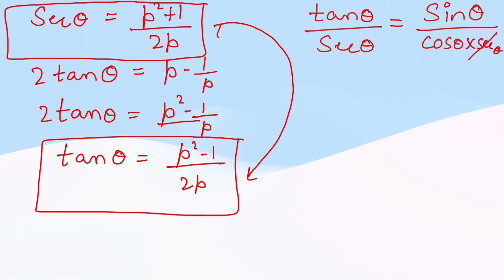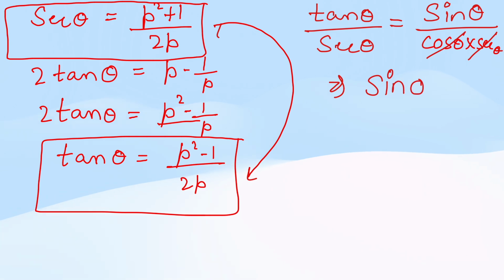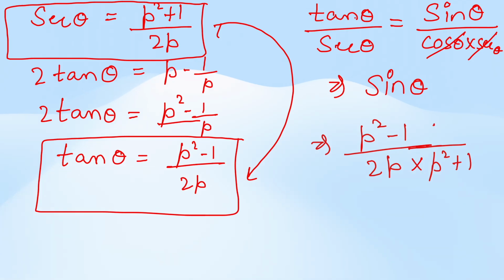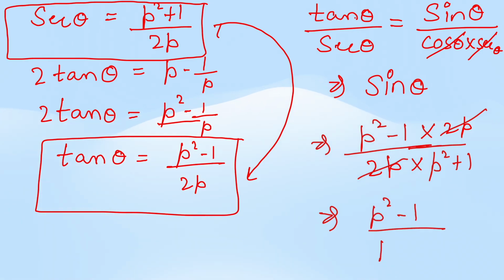Sec and cos cancel out, and I will get sin theta. So tan theta is p square minus 1 by 2p, and we have to divide it by p square plus 1 by 2p. The 2p cancels out, so sin theta will be equal to p square minus 1 by p square plus 1. This is sin theta.